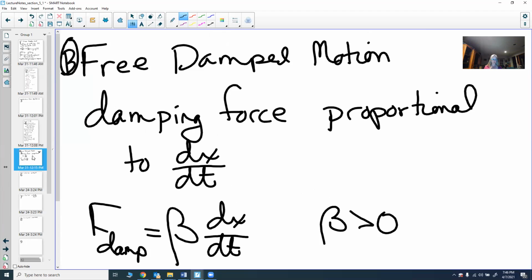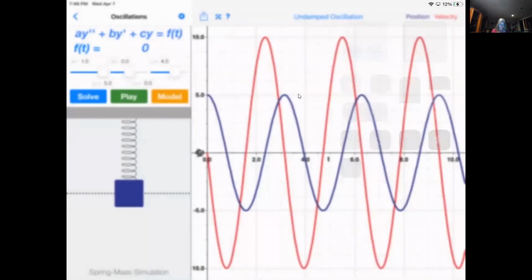And so I'm going to go ahead, and I keep doing this, and I'm sorry, but I'm going to share my screen again with my iPad. And so what we do is we're going to look at what that's going to look like.